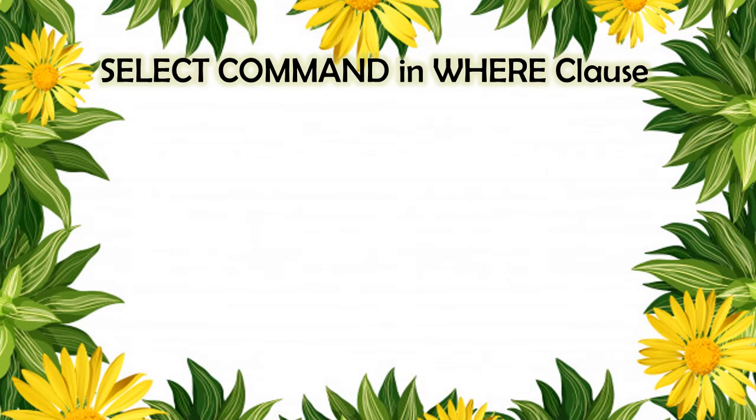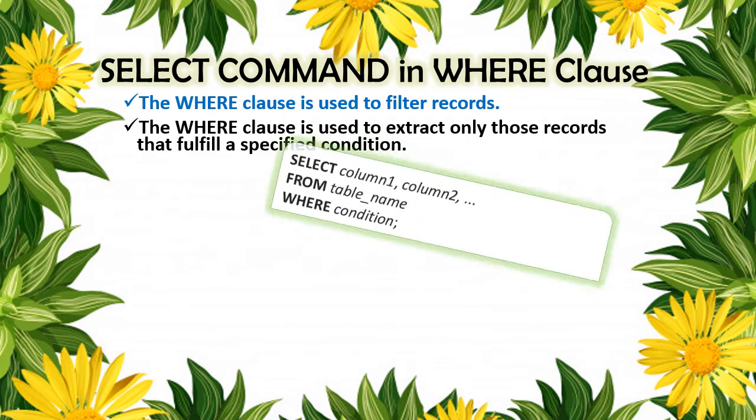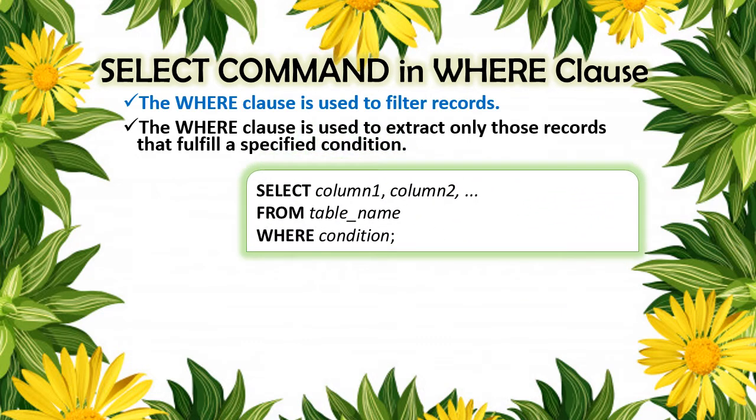Next, the select command with the where clause. The where clause is used to filter the records from a particular table. Based on the conditions only, we can extract particular records from the table. General format: select column from table where condition.